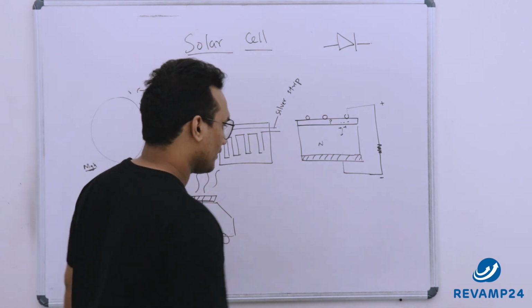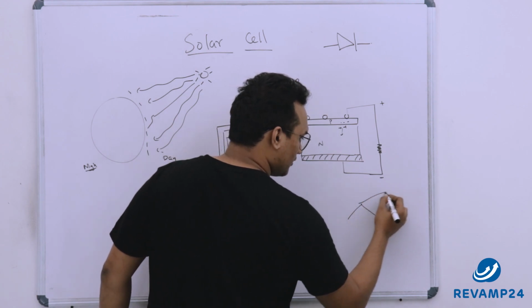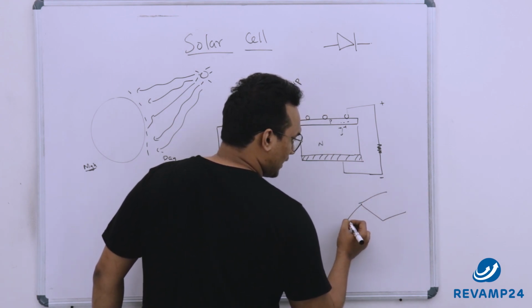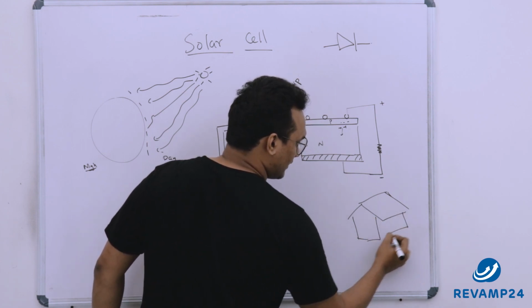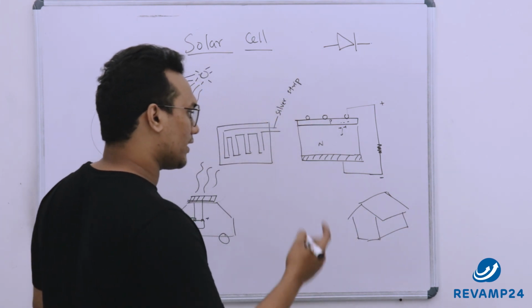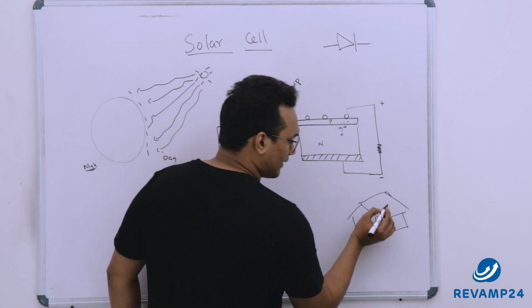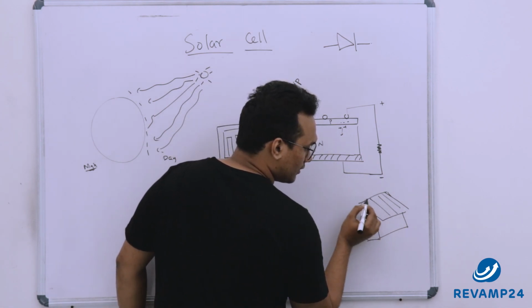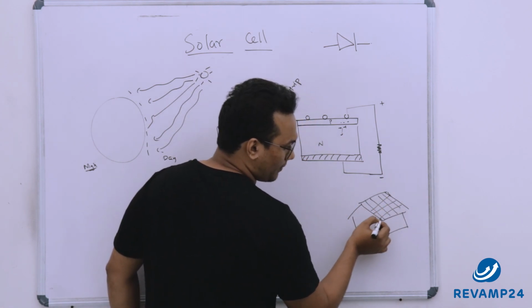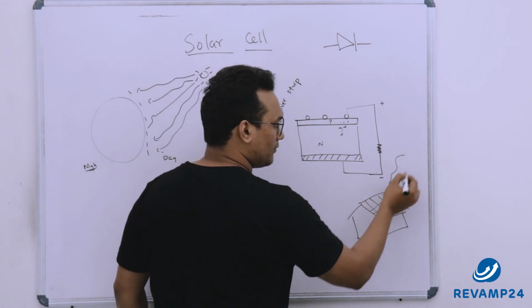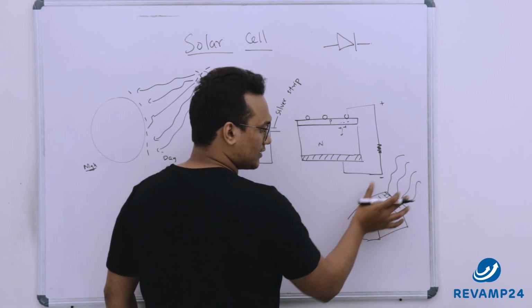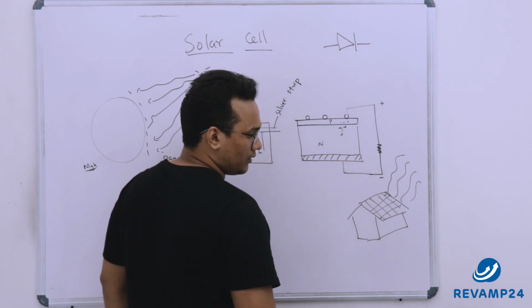The solar cell always has to be exposed to sunlight, and only then can it convert the solar energy into electrical energy. So if our house is provided with solar cells, during daytime it would convert the solar energy into electrical energy.